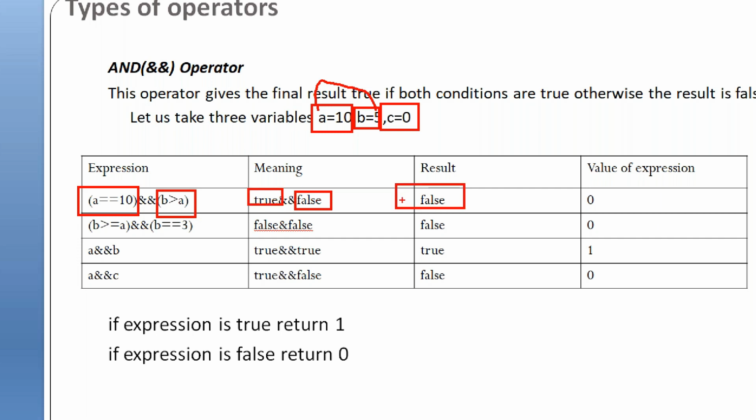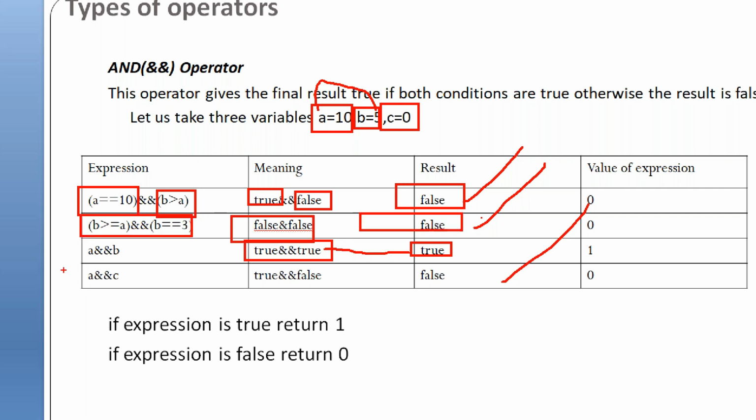False here. So actually, the truth table of AND here: if both the two inputs are true only, the answer is true. And in the remaining cases, if at least one of the inputs is false, the resultant will be false. So in this scenario, the second one, both the two are false, so the resultant is false.